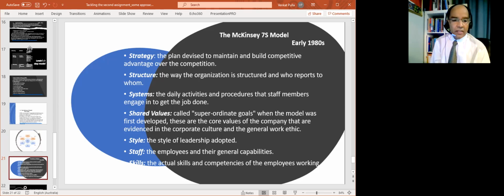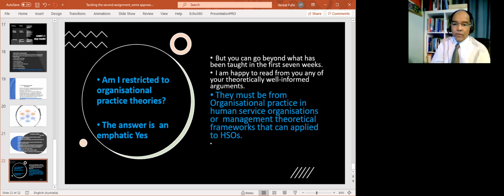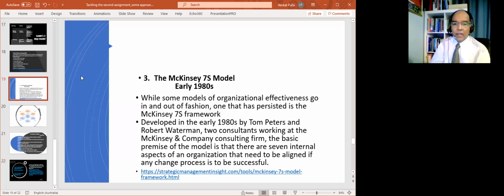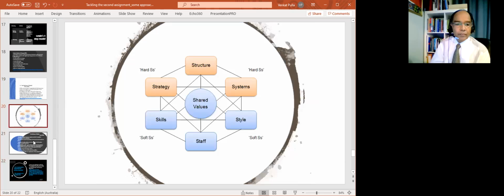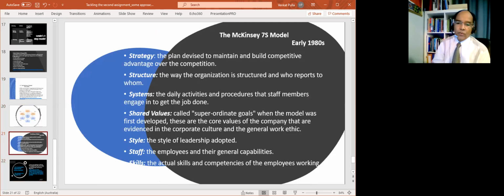Style is basically the style of leadership adopted, and staff, the employees and their general capacities or capabilities. So the skills, of course, are the actual skills and competencies of the employees who are working.